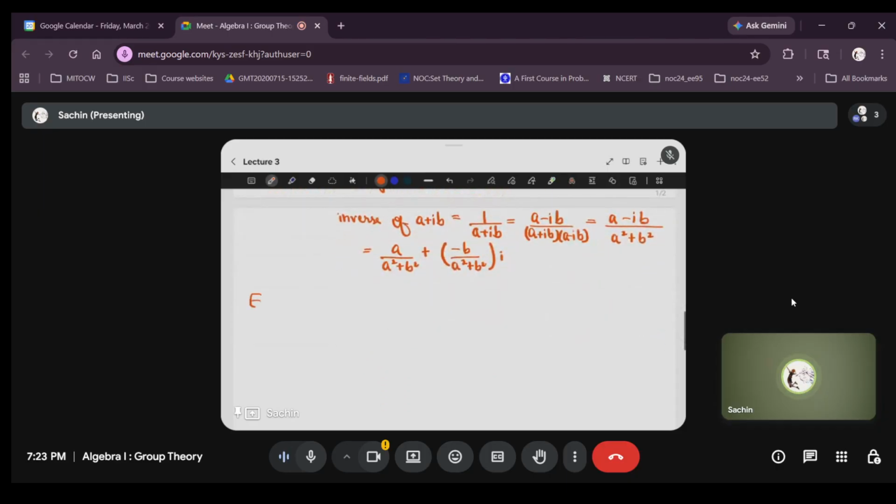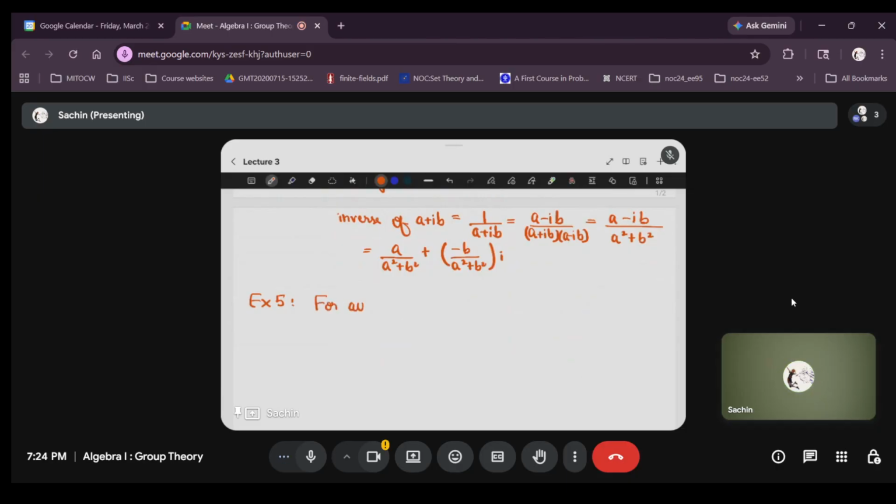Previously, we had seen an example of the fourth roots of unity, and that was a group under complex number multiplication. We can generalize that to any n greater than or equal to 1.